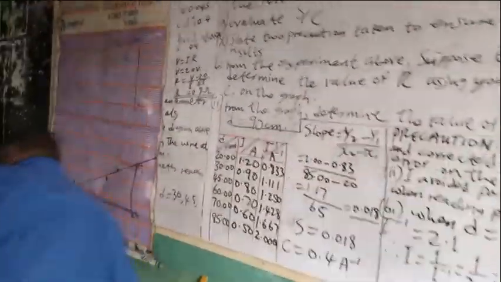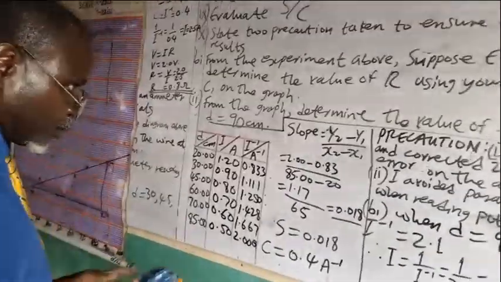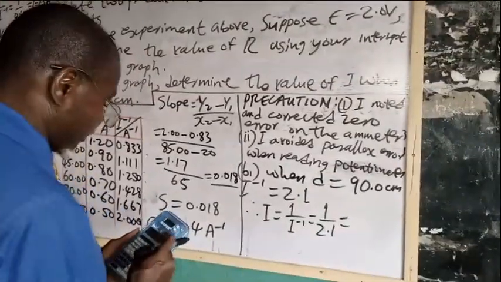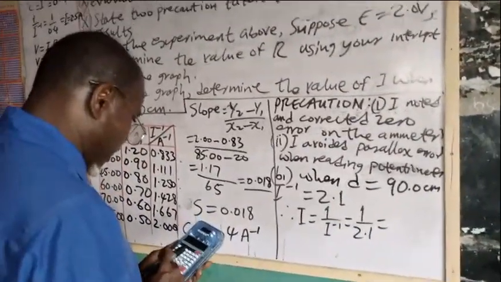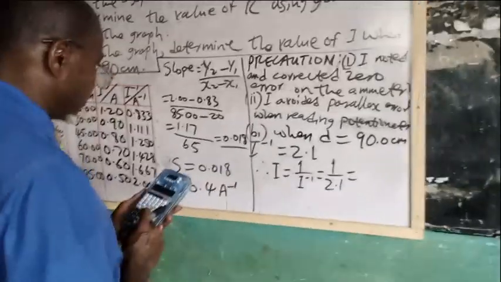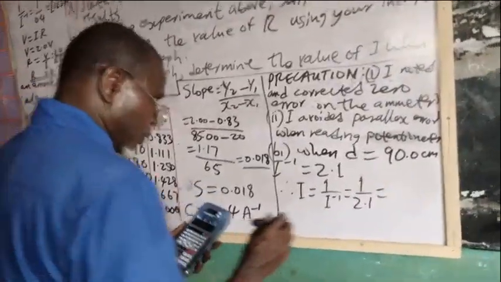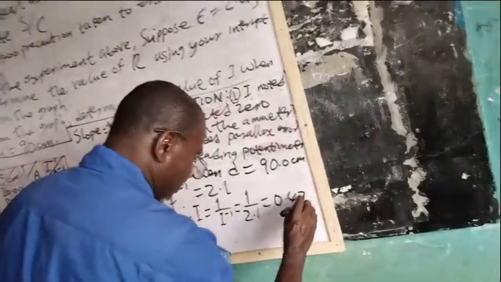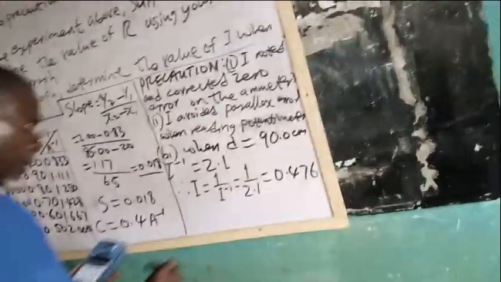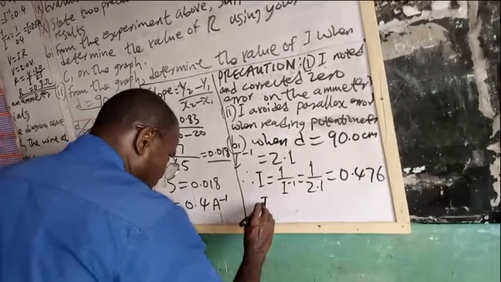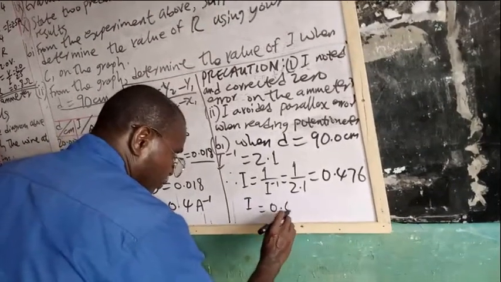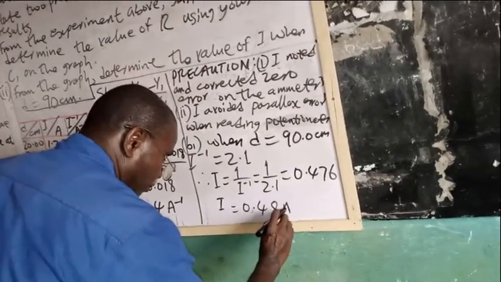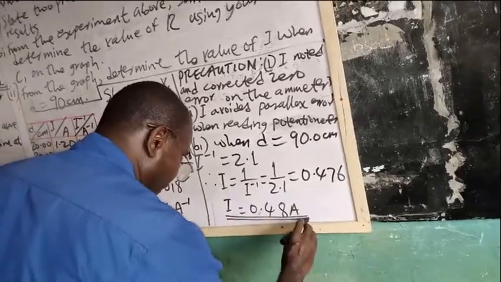On the calculator, 1 divided by 2.1 is equal to 0.476. I is equal to 0.48 ampere.